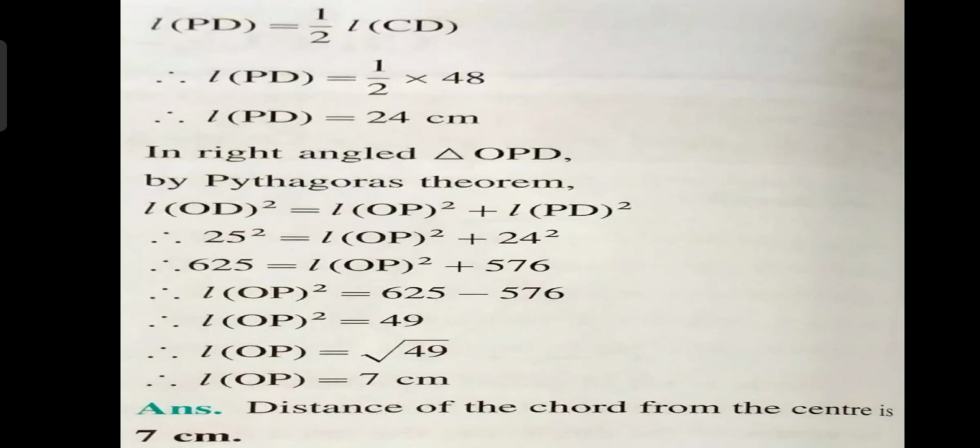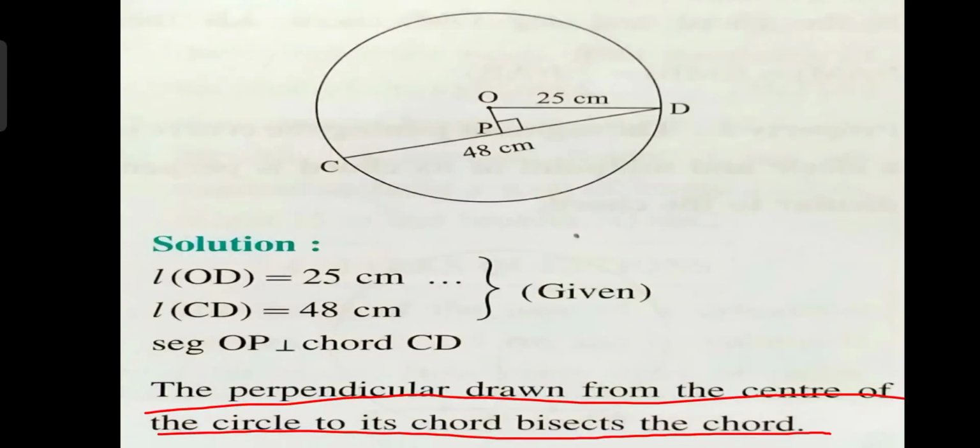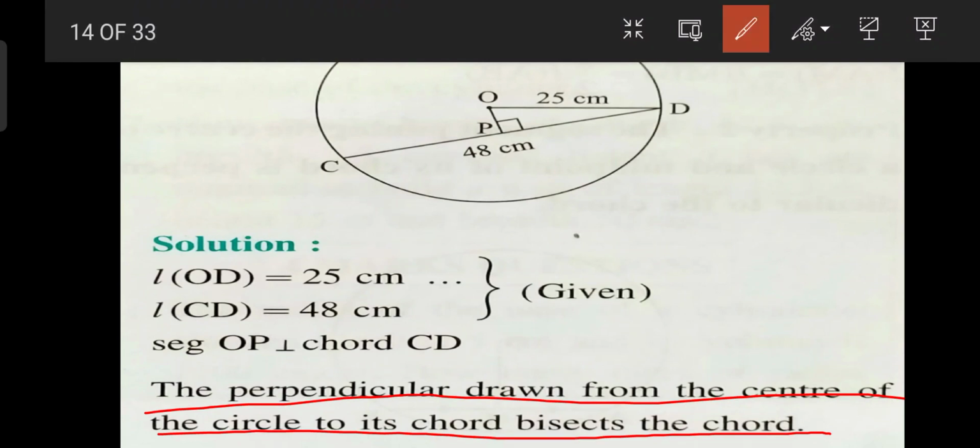So which are the other two sides? Here you can see OD is the hypotenuse and the other sides are OP and PD.